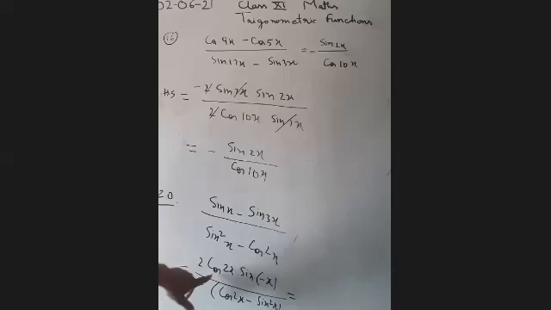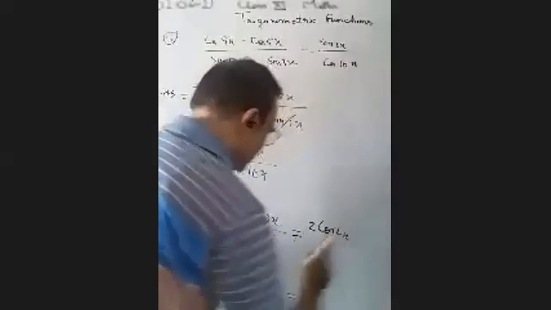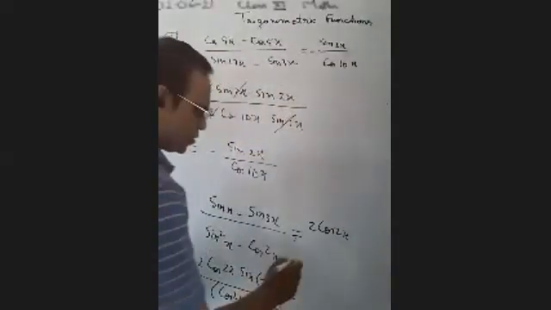Divided by... so it is not coming here, I am writing here. 2 cos 2x, sin minus theta is equal to minus sin theta.